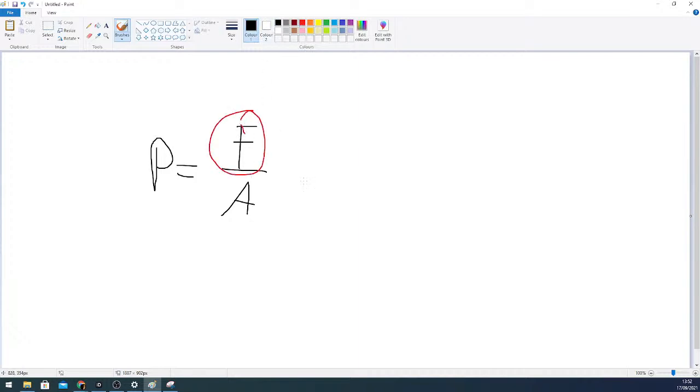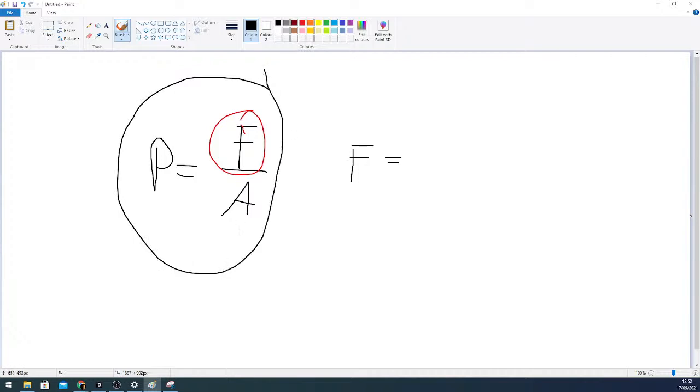So, for example, if we want to rearrange this equation for calculating force, how would this equation look like? Force equals area multiplied by pressure.